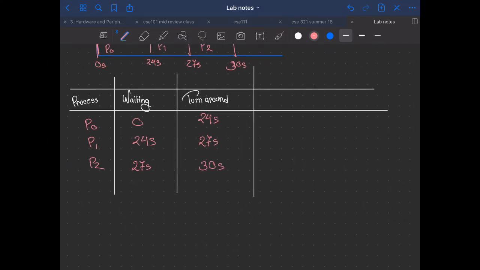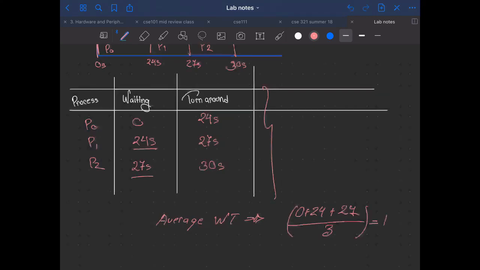Now if we look at this table right here, we can see that the waiting times are a lot, and the average waiting time for all the processes would be 0 plus 24 plus 27 divided by 3, which would give us 17 seconds, which is a lot. That means that each process has to wait 17 seconds after it comes into the RAM and is waiting for the CPU.